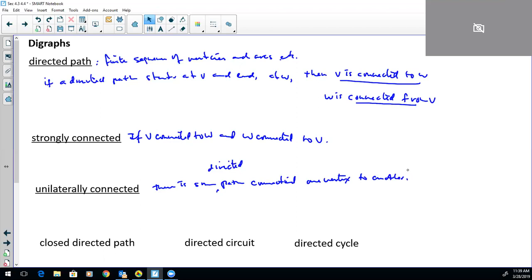In other words, if V is connected to W, but W is not connected to V, then we can just say that V and W are unilaterally connected. That just says that there's some kind of path going from one of them to the other one. Okay.